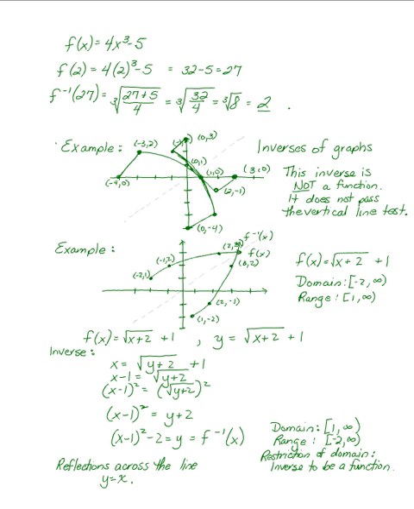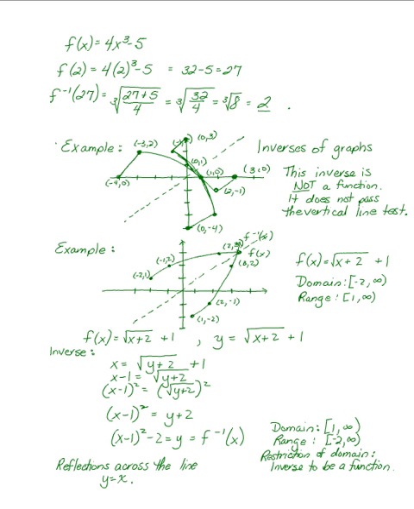Now if we go up to these examples and we draw the line where y is equal to x, and you envision folding on that line, then what you should see is the inverse will actually lie on top of your original function and vice versa. So if you picture folding your graph, or if you actually folded your paper along that line and looked through the paper, you should see that these two graphs are simply reflections across the line.